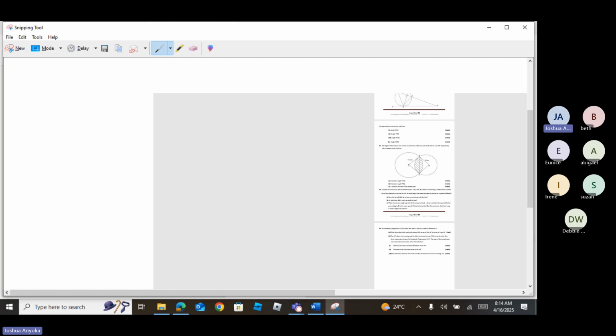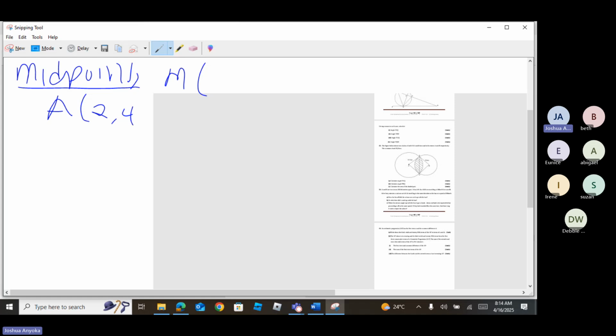Then another aspect under vectors is how to find the midpoints. Midpoint M between point A, which is (2, 4), and B, which is (-3, 2). How do you find the midpoint M for this one?